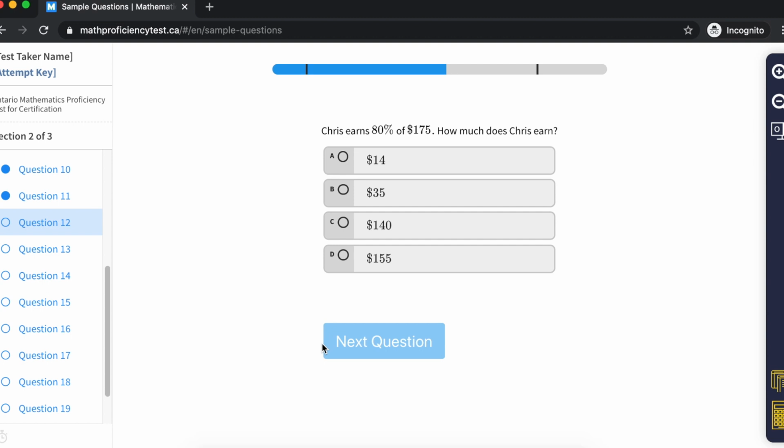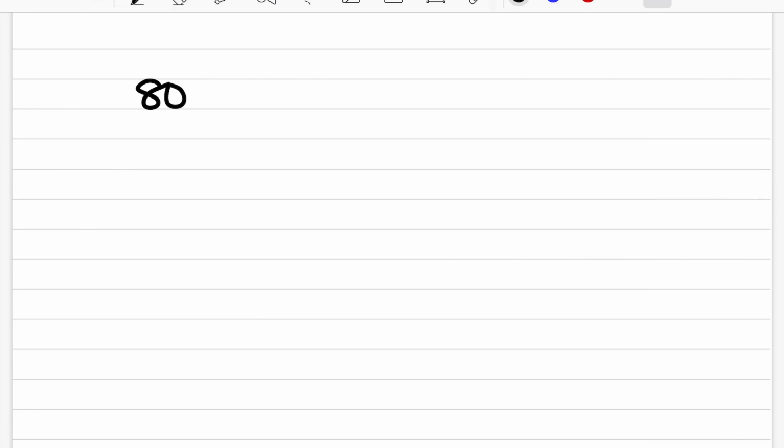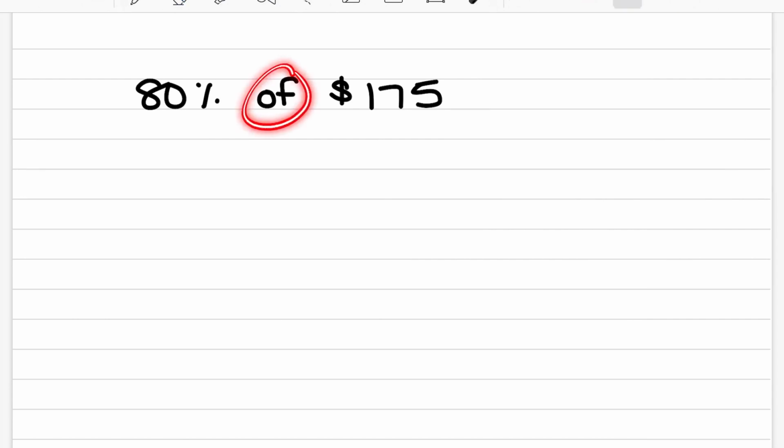So question 12. Chris earns 80% of $175. So this is just a simple problem. What you want to know is that this word of actually would translate to multiplication. Okay, so 80%, how we multiply percentages is by putting it into a decimal.